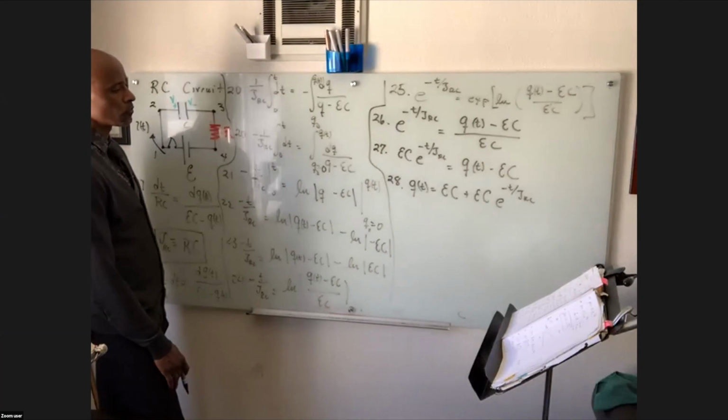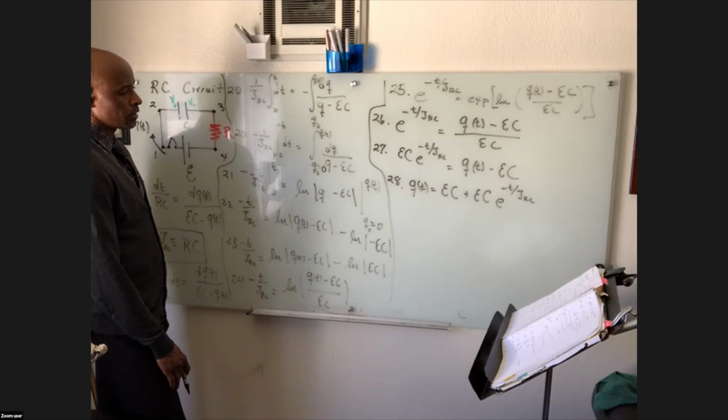I think it's the negative EC in the natural log, on 22. I think if that's left negative, it'll carry all the way through. Oh, yeah.